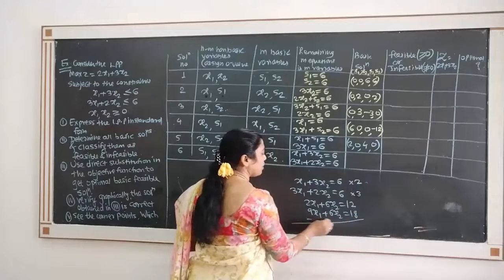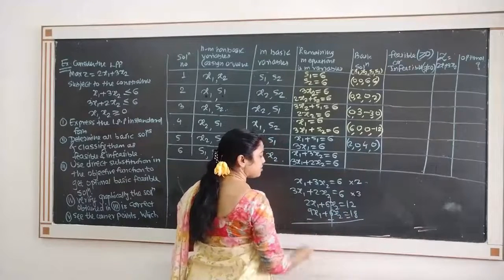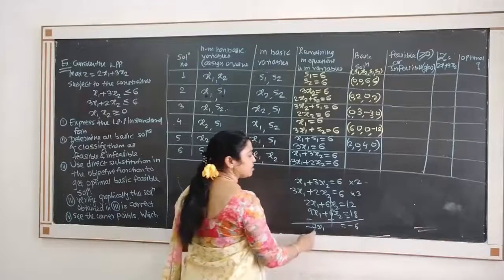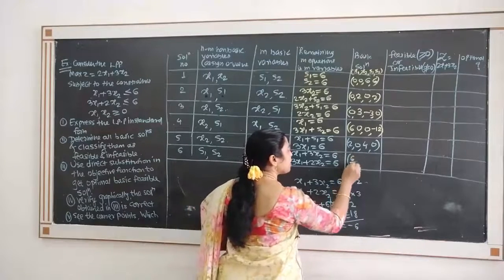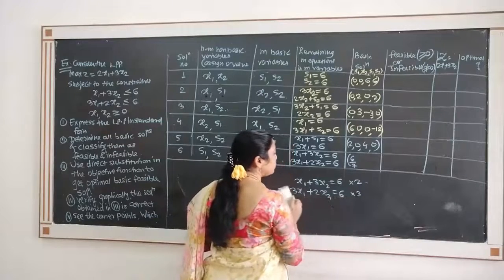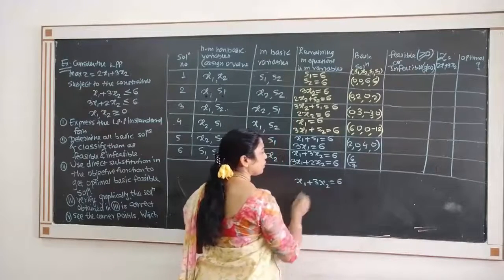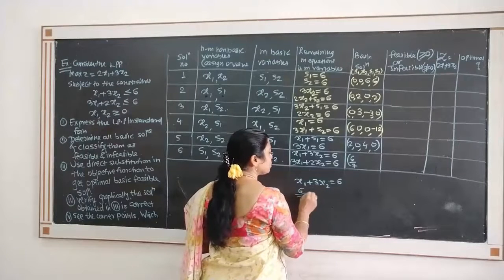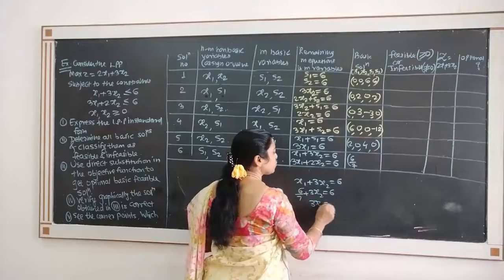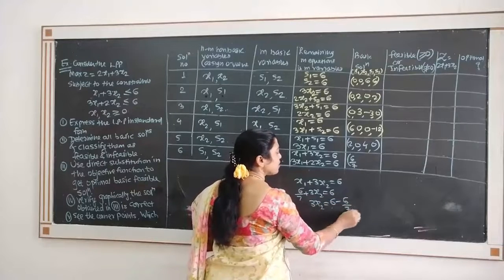Solving the equations simultaneously, this gets cancelled. Minus 7x1 is equal to minus 6. That is x1 is 6 by 7. Similarly, putting x1 is equal to 6 by 7 in this equation, find the value of x2. So 6 by 7 plus 3x2 is 6. So 3x2 is equal to 6 minus 6 by 7.